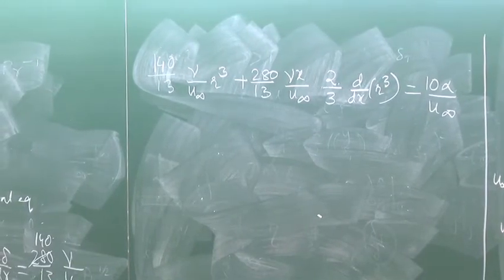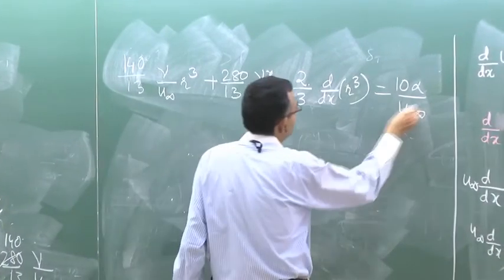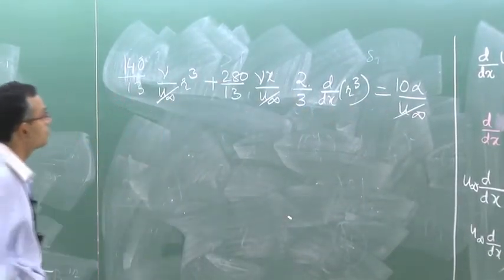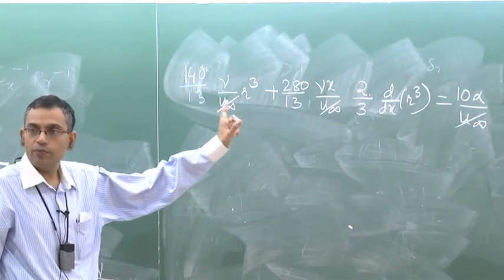Okay. So u infinity gets cancelled from all sides. If you take the nu to the right hand side, alpha by nu becomes 1 by Prandtl number.